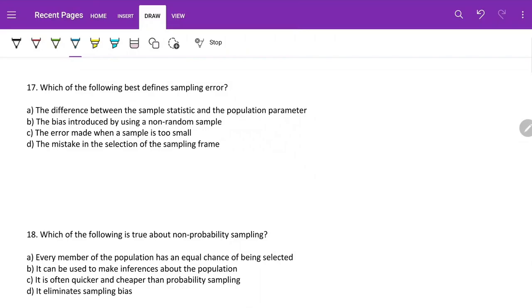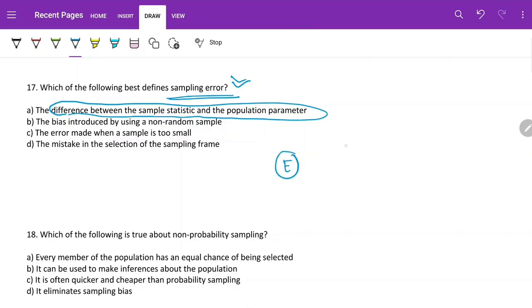Which of the following best defines sampling error? Sampling error is the difference between the sample statistic and the population parameter. So basically, error is the value when your sample statistic, suppose the sample mean, and we want to know whether our sample mean is representing our population mean or not.